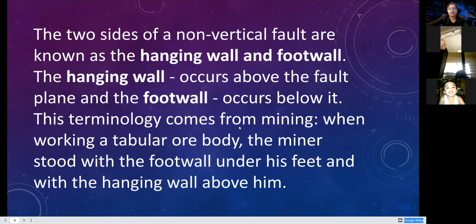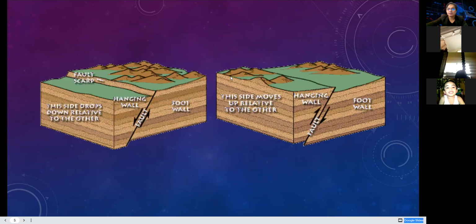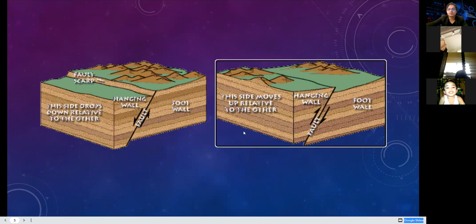When working in a tabular ore body, the miner stood with the foot wall under his feet and with the hanging wall above him. Just like this one. So you are now looking at, again, the hanging wall and the foot wall. Usually the hanging wall is smaller than the foot wall. That is really common.